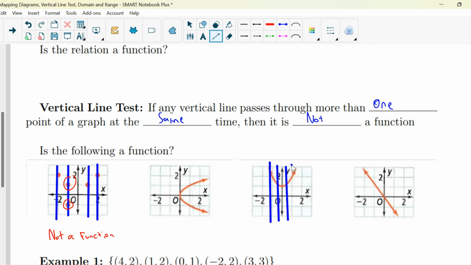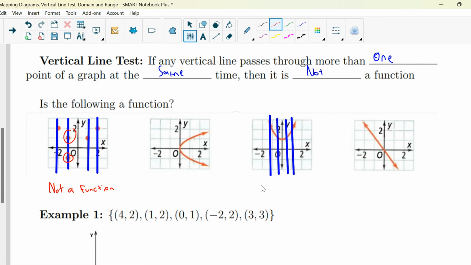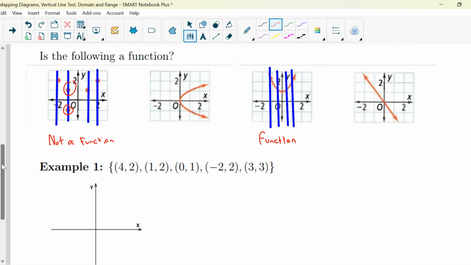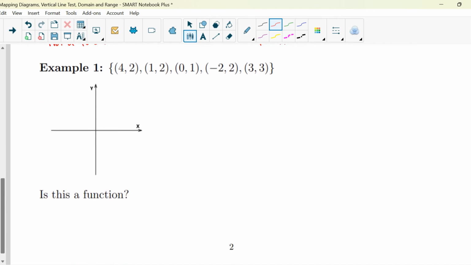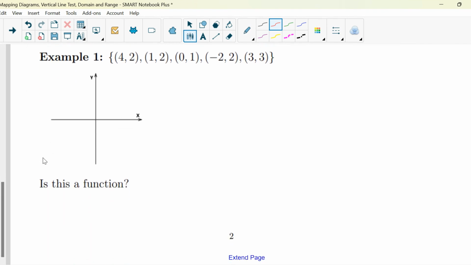So no matter where I drop a vertical line throughout this function, it is always going to cross at only one point within this parabola. So since it will only cross through one point at a particular time, this one is a function. Okay, once again, copy down number 4 for class. Example number 1 here. Please copy down these points. We will do this one together in class.